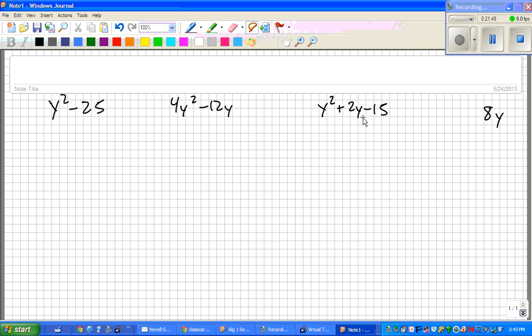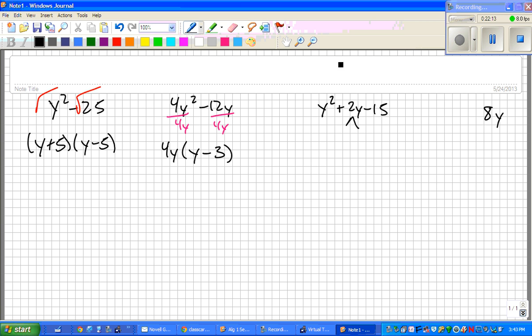Let's move this one over so we have a little bit more room. All right. This ends up being y plus 5, y minus 5. Here we can factor out a 4y. So the 4y comes out front, and we're left with y minus 3.